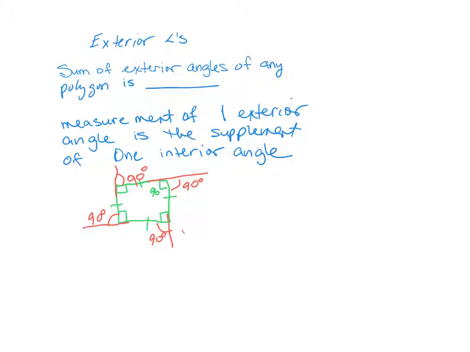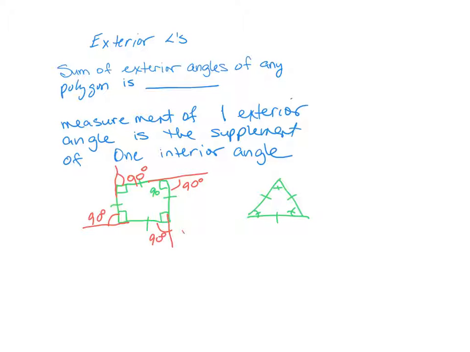So let's look at a triangle. And this is a regular triangle. That means all the angles and all of the sides are congruent. So, in a regular triangle, what is the measure of each of those angles? 180. That's the total. So what's the measure of each one? 60.